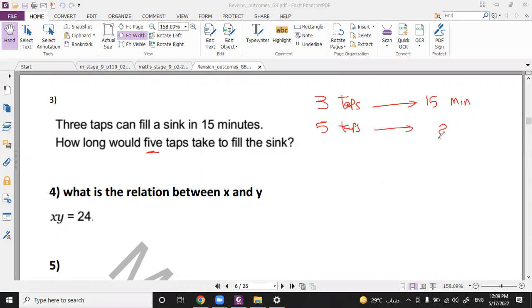We do 15 times 3 divided by 5. It will be 9 minutes.